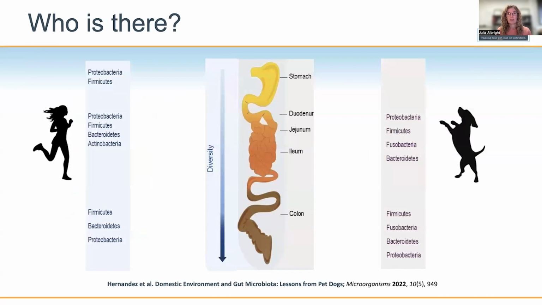So within an individual, the bacterial species are going to vary greatly depending on what portion of the gastrointestinal tract you're referring to. And it really reflects the underlying physiology of that anatomic location. So in the stomach and the small intestines, this is where much of the digestion and absorption of the nutrients is occurring.